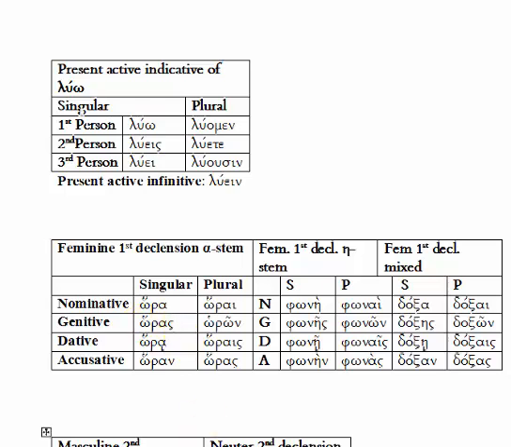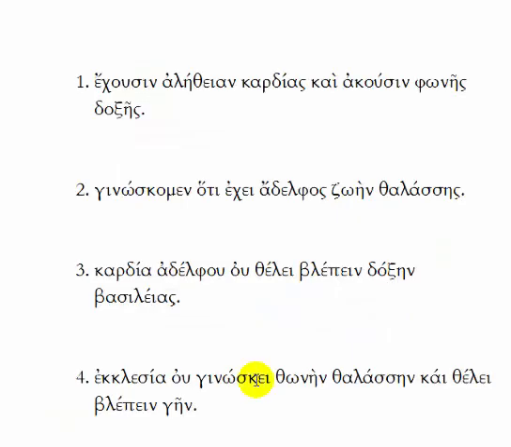So we know now that this is a genitive. The heart of the brother does not wish to see the glory of the kingdom, or the glory of a kingdom. In this case it's probably not the kingdom's glory, but simply the glory that goes with the kingdom. Again, the same kind of genitive we saw here, an explaining genitive, which explains what kind of glory we're talking about.